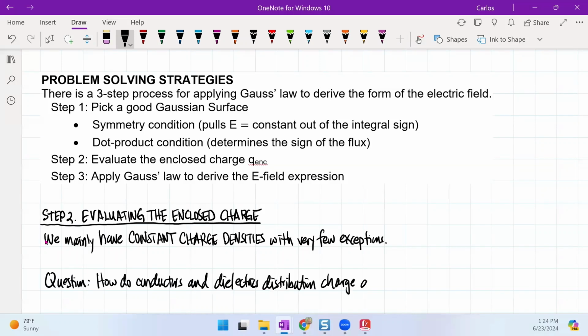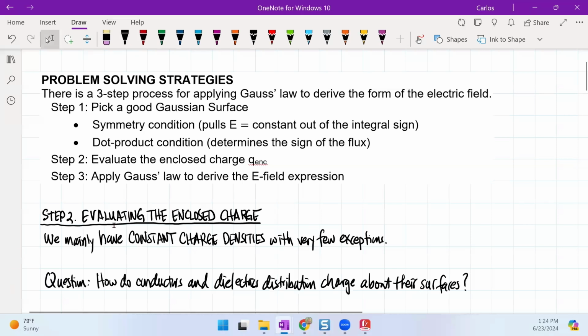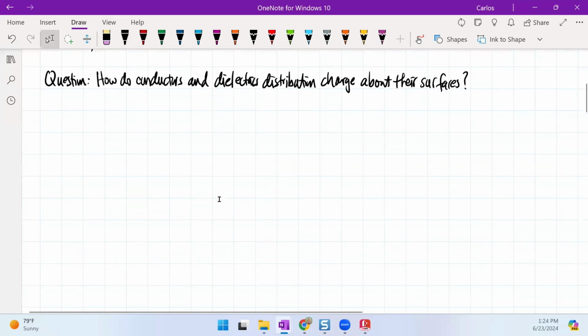About their surfaces. So that's a really important question. So picture-wise, we have to think about the following thing.